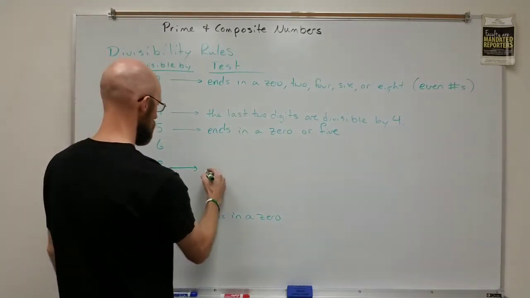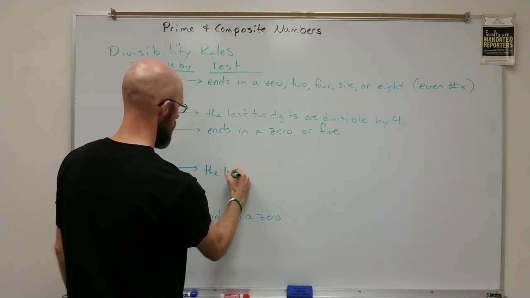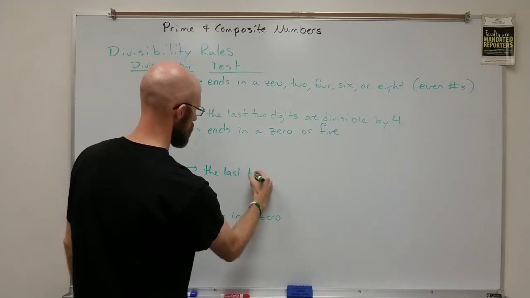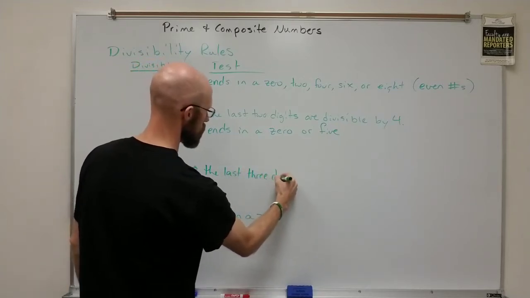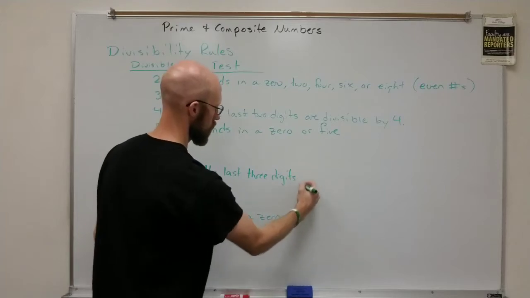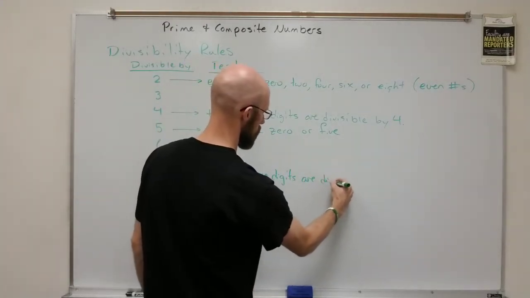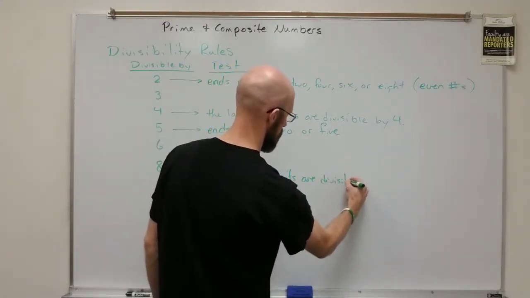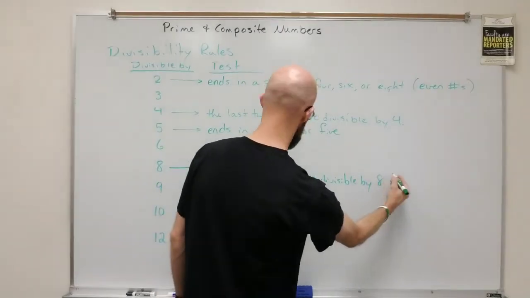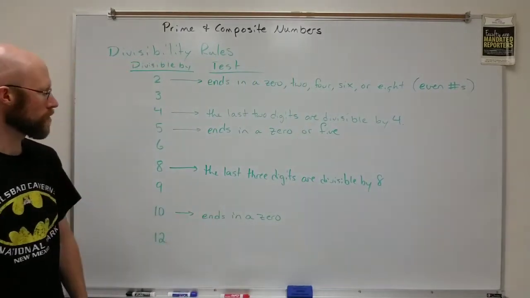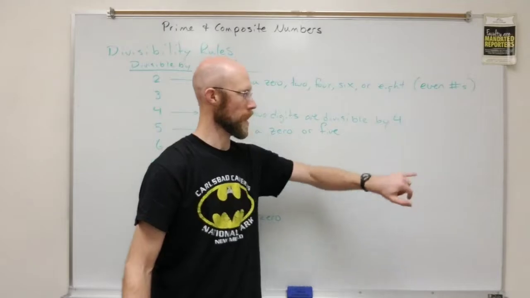So if the last 3 digits are divisible by 8, all right, then you have a composite that's divisible by 8.